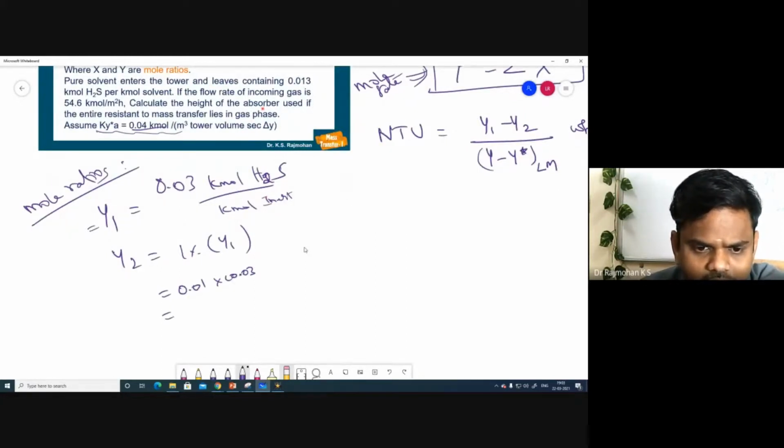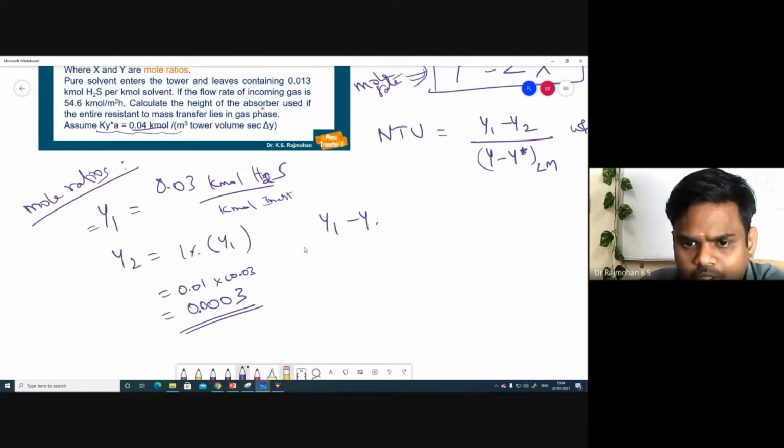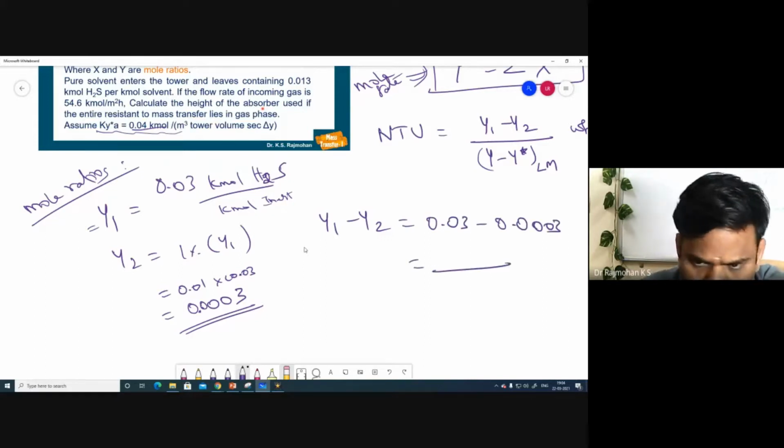We add 2 zeros here, that is 0.0010, and another 0. So 0.0003 is your Y2 value. So for the NTU numerator, Y1 minus Y2 can be determined as 0.03 minus 0.0003.